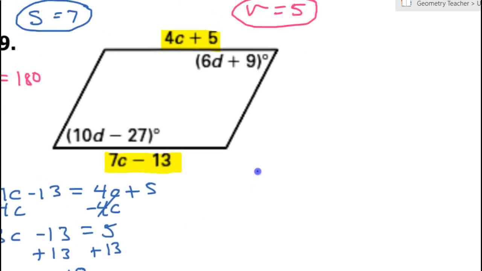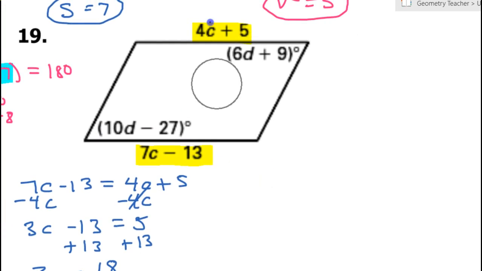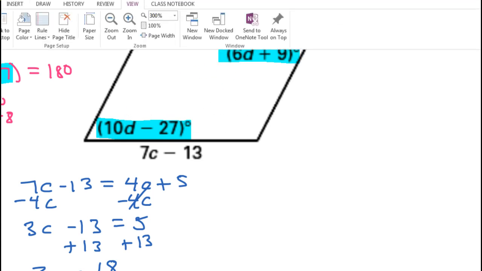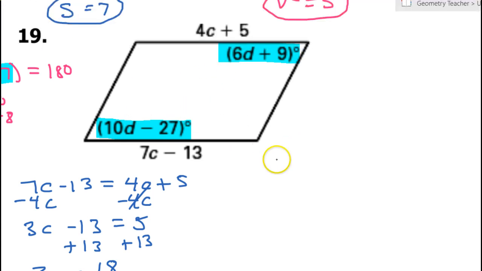So that's one of the things that we were supposed to find. So that's it for c. Then we have opposite angles. And opposite angles are also congruent. So I can go ahead and set those equal to one another. So I will say 10d minus 27 is equal to 6d plus 9.